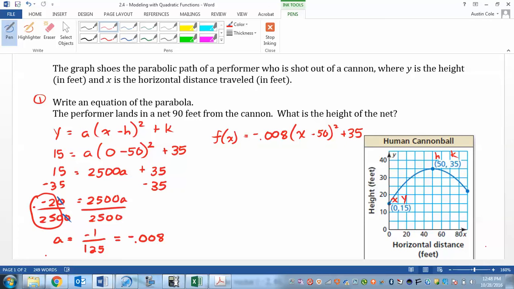Now, our horizontal distance is what here? 90. Doesn't x represent our horizontal distance? Yep. So if we want to know the height when our horizontal distance is 90, we're going to plug in 90.